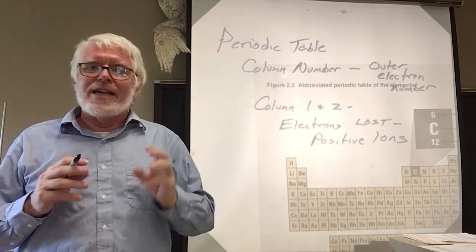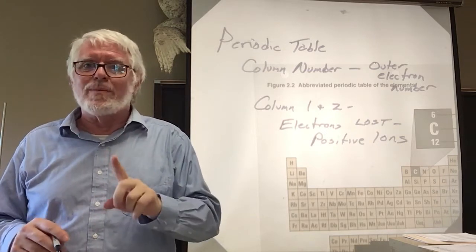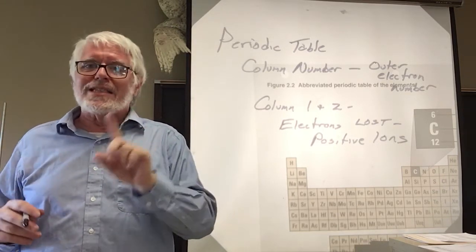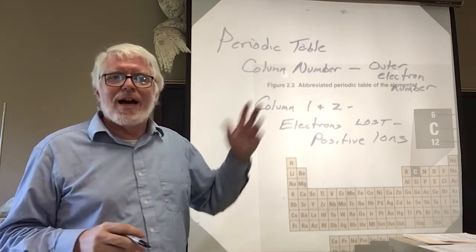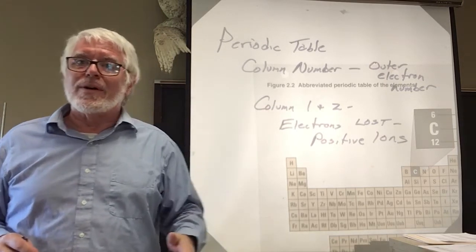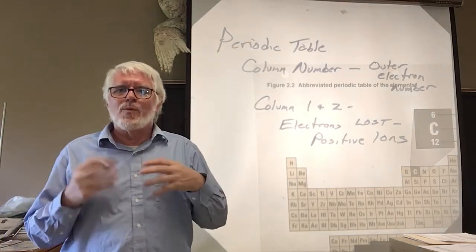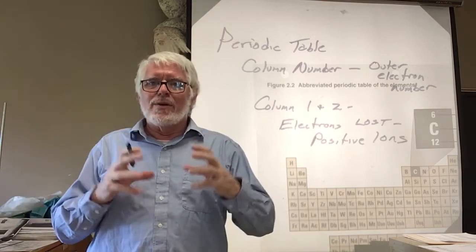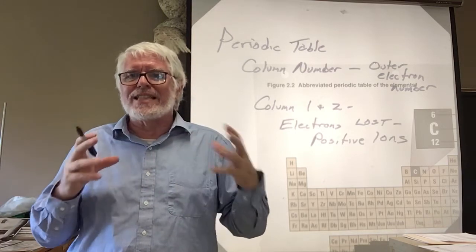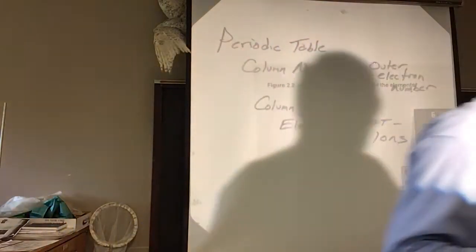Column 1, the ions tend to be +1. That's what sodium is in most of the world. It's a +1 ion, very stable. Calcium, +2. Magnesium, +2. It's in column 2. So you dump off 1 or 2, fairly easy to get rid of them. And then the level that used to be inside is now the outer level, and it's full.